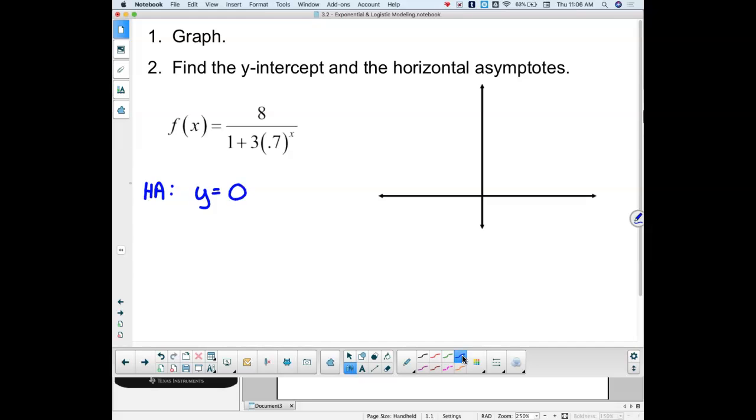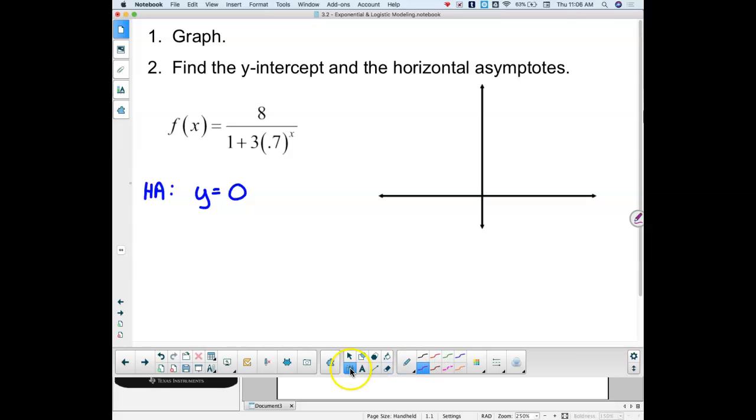That's your bottom horizontal asymptote, provided that there is nothing after the function. If something is added or subtracted after the function, it will vertically shift the entire function, so the lower asymptote and the upper asymptote would both shift. But in this case, there is nothing after the function, so we're staying at y equals 0.